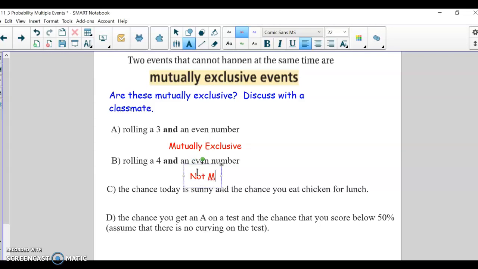Sunny and you eat chicken for lunch, those can happen together, so that's not mutually exclusive. And the chance you get an A on a test and you score below 50%, assuming there's no curving, those would be mutually exclusive. There's no way you got a 50 and you got an A, right? Those things wouldn't happen together.